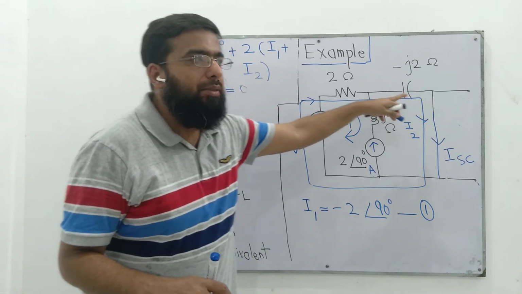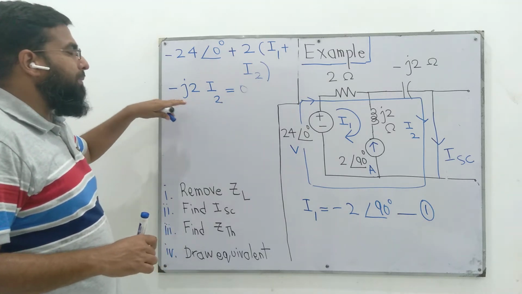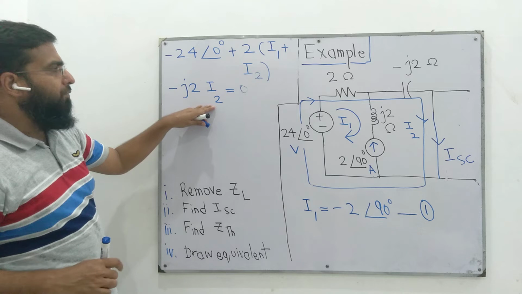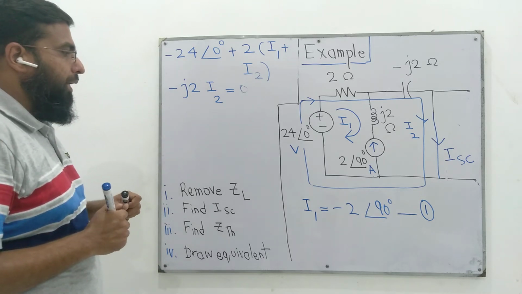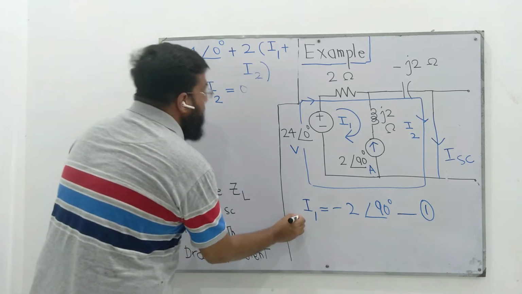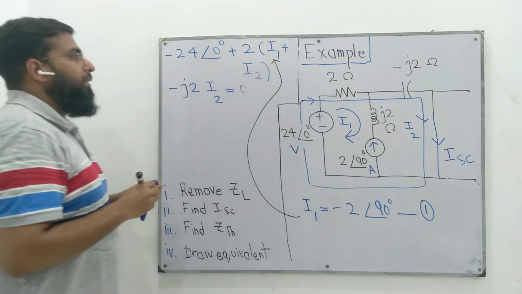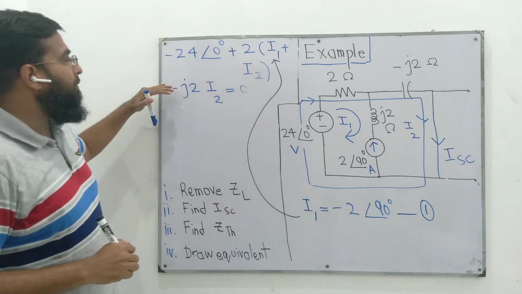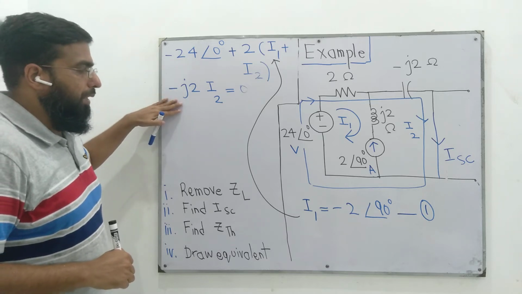And through this minus j2 ohm capacitive reactance, we have only I2 flowing through it. Now we have two equations and two variables. We can plug the value of I1 here. In that case, we'll have only one equation and only one variable, I2.